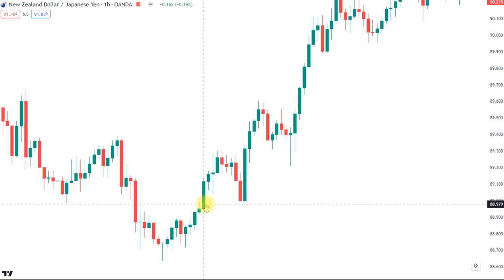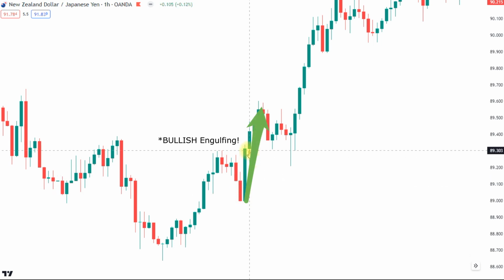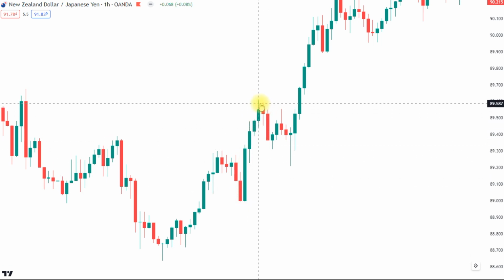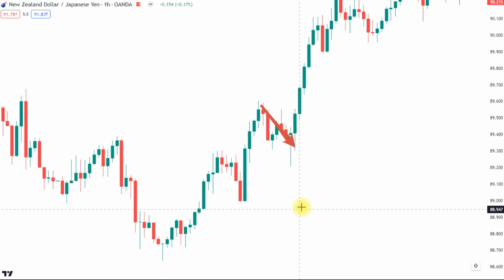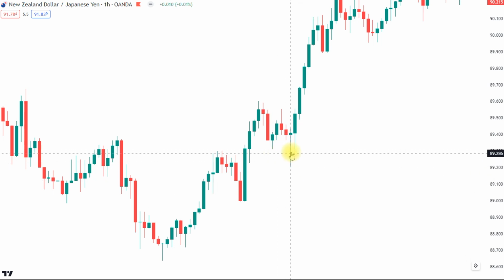So in this case, we are making a new high with a bearish engulfing candlestick pattern. Then we see here the market is doing a pullback, and the bears of course try to push the market deeper, since probably most didn't manage to close their positions yet. But at this point, this is the decision point.